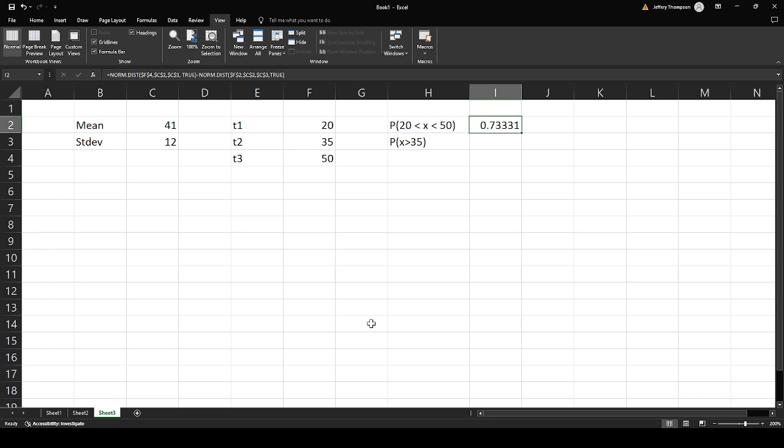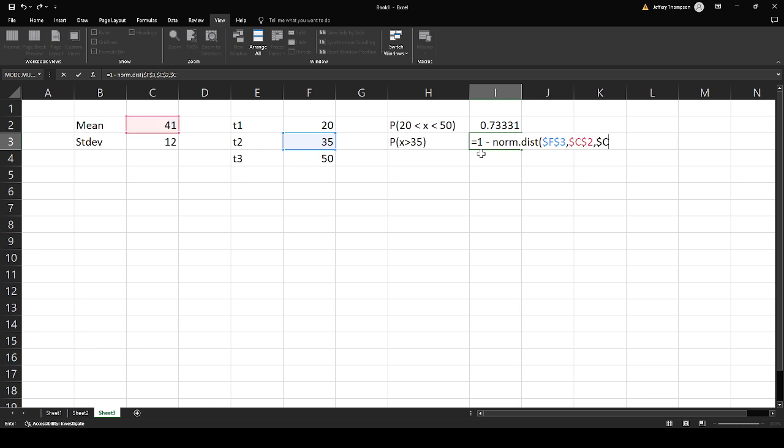Now, because all of these things are left-sided, if I want to find a greater than, I have to do 1 minus, because I'm doing the complement, the probability of our lower value, which is F3 here for the 35. And again, I give it the mean and the standard deviation, and cumulative is true. And so Excel can calculate all of these probabilities for us.